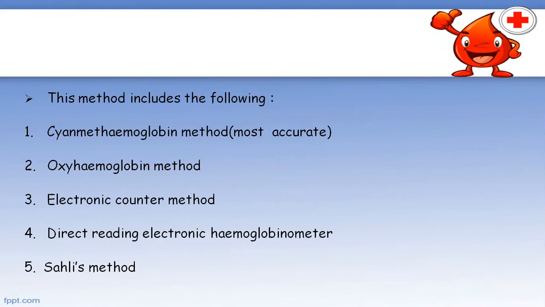This method includes the Sahli's acid hematin method, cyanmethemoglobin method, which is the most accurate method, oxyhemoglobin method, electronic counter method, direct reading electronic hemoglobinometer, and the last one is Sahli's method. This Sahli's method is mostly used for the determination of the hemoglobin content.